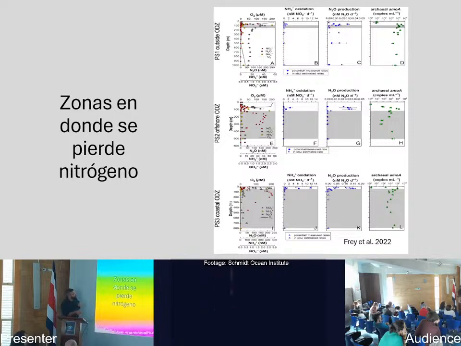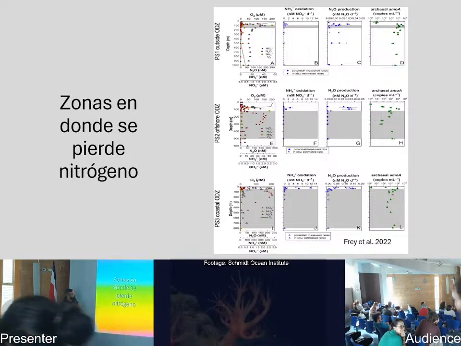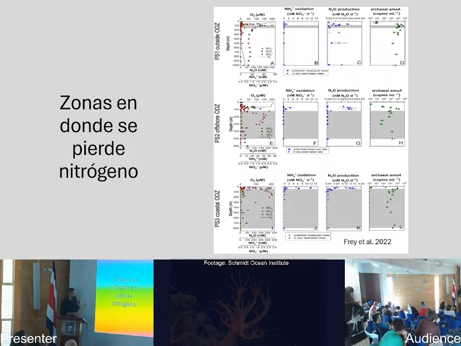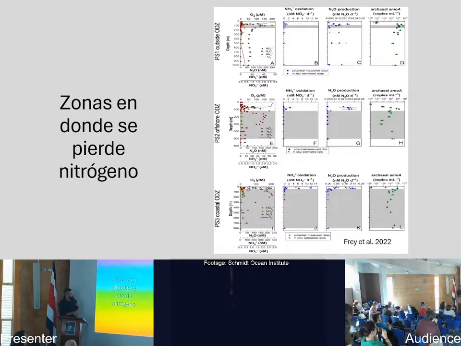This is really important because probably this is one of the most important greenhouse gases, but it's not reaching the atmosphere because there is a population of organisms that consume that gas in this area of the oxygen minimum zone.